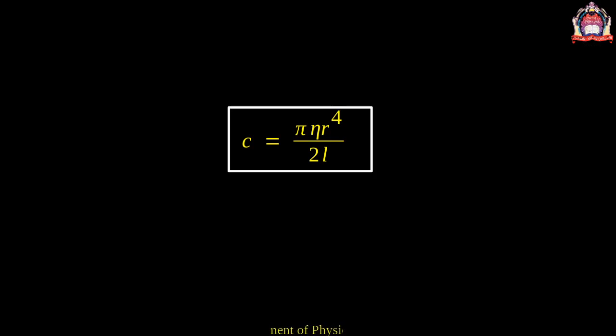Since the twisting couple is numerically equal to the restoring couple, this C is called the restoring couple per unit twist. If the cylindrical rod is hollow, having internal and external radii R1 and R2, then the couple required to twist the rod through an angle will be obtained by integrating the expression, that is, 2 pi n r raised to 4 theta by 4L.